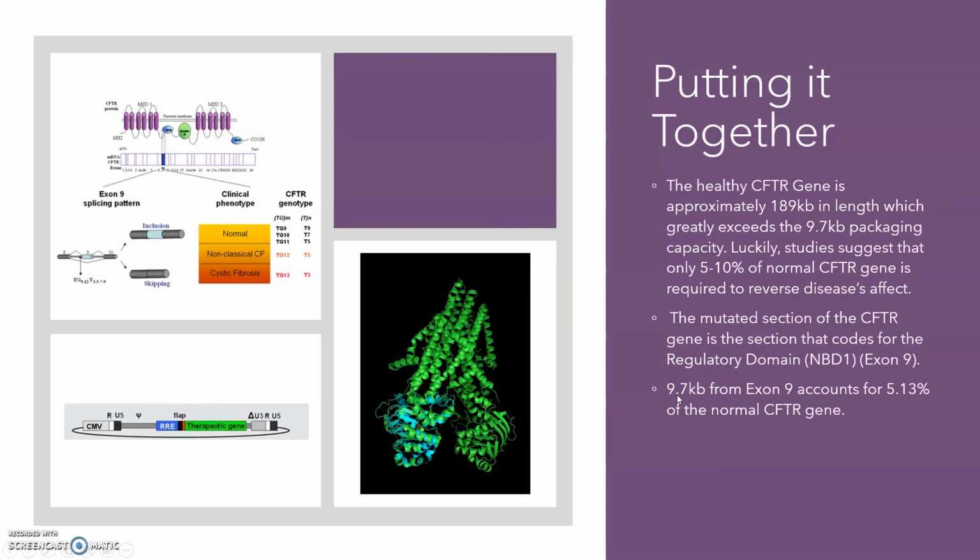We only have 9.7 kb from exon 9, and that accounts for 5.15% of the normal CFTR gene, which does fall into the range of what is considered enough to reverse the disease effect. So yes, the lentivirus does have enough space, and it might be able to hold all the information needed to reverse the disease's effect.